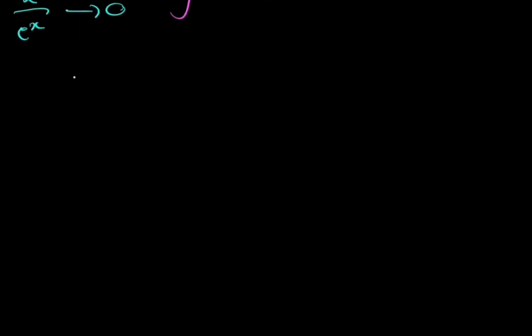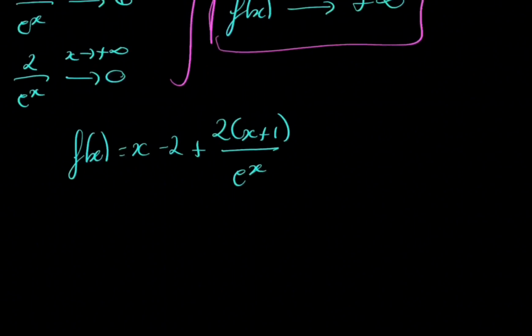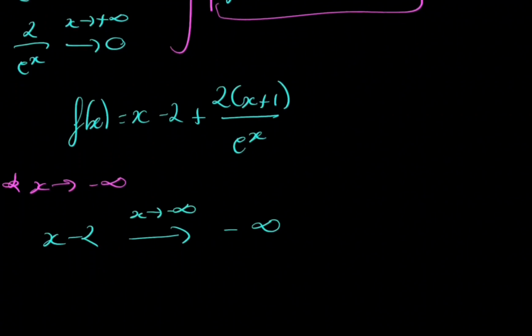So now, let's remember f of x rapidly: (2x plus 1) over exponential of x. So what will happen when x tends to minus the infinity? Okay, so we will have x minus 2 that tends to minus the infinity when x tends to minus the infinity, clearly.